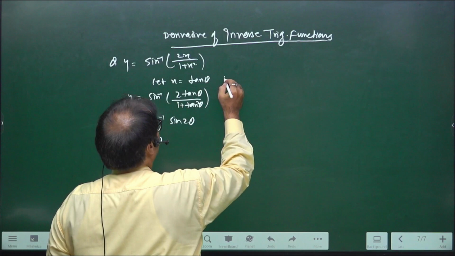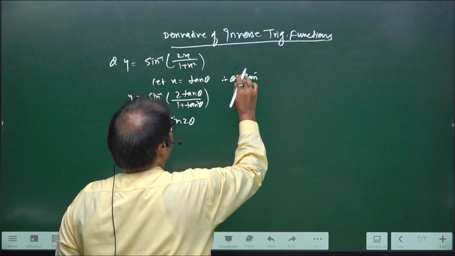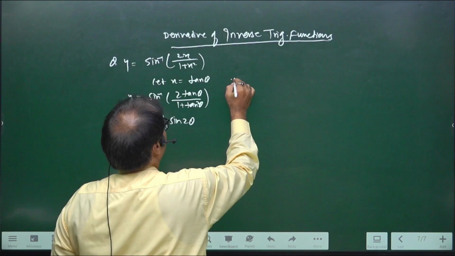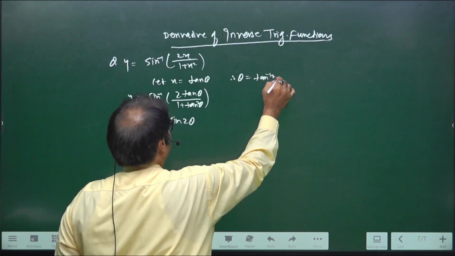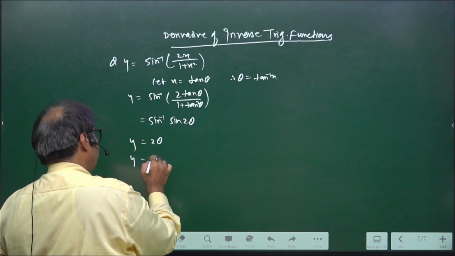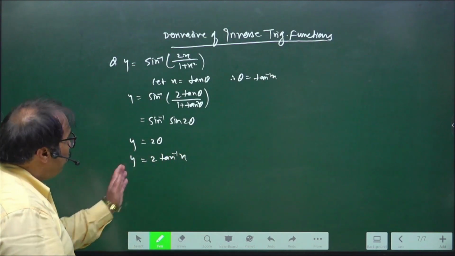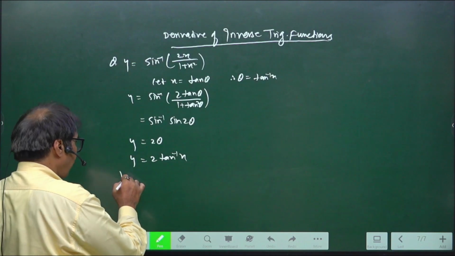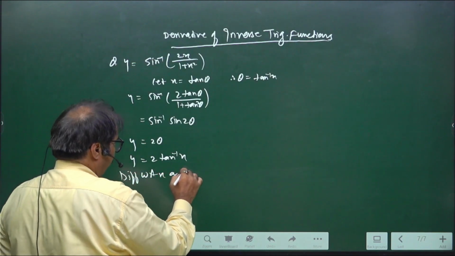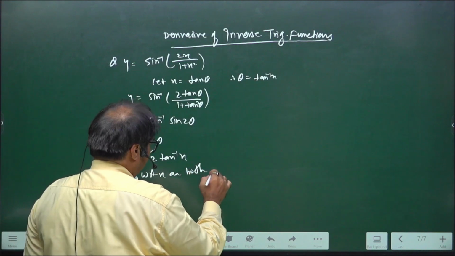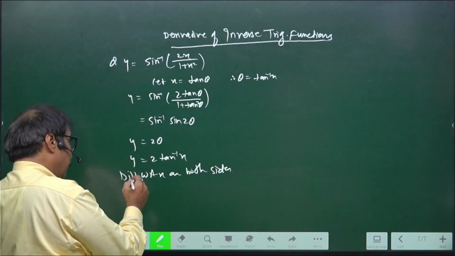Therefore theta is equal to tan inverse x. So this is y is equal to 2 tan inverse x. And now differentiate with respect to x on both sides.